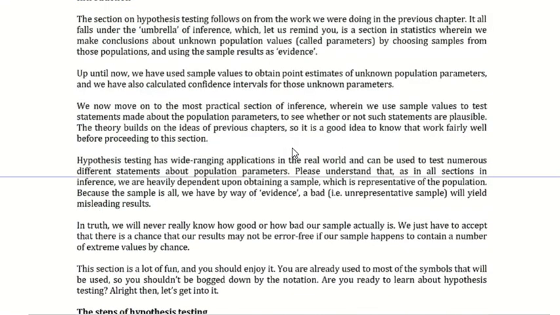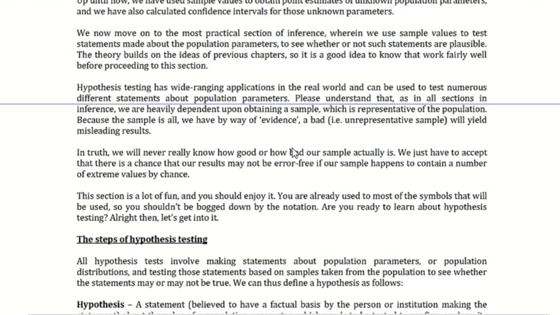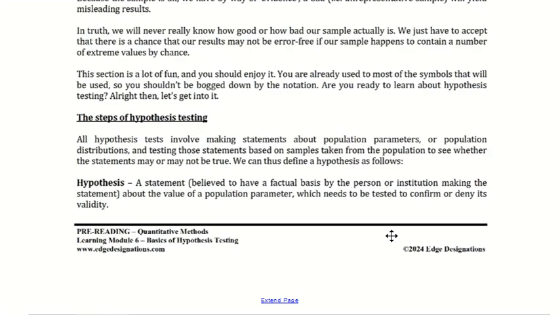I'm not going to go through this whole introduction for you here. We have discussed that in great detail. Here's a formal definition if you ever wanted one. A hypothesis is a statement about the value of a population parameter. So I'm saying something about what, guys?